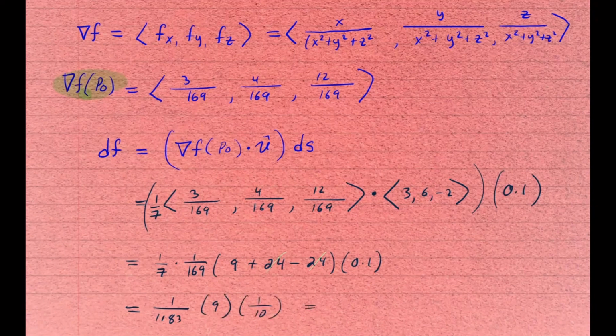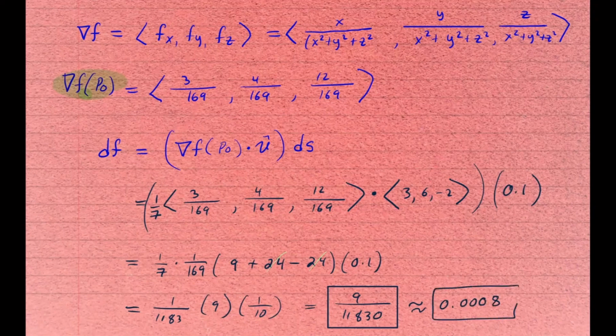So all of this simplifies to 9 over 11,830. So that's our change in f as we move 0.1 from P0. And this is approximately 0.0008. So you can put that in a calculator and get an actual decimal.